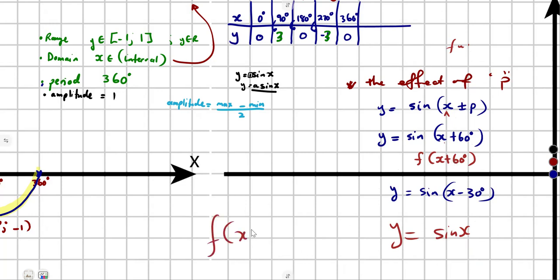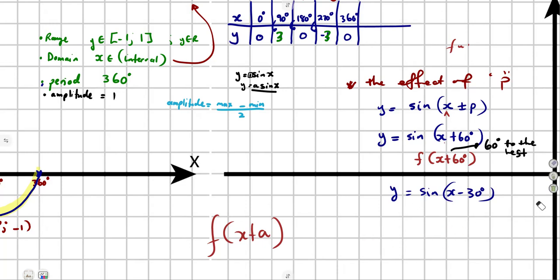F of x plus a means what? We are going to the left. Plus, so it is the same thing. This is the effect. When it is like this, it means 60 degrees to the left. That's our effect horizontally, 60 degrees to the left.